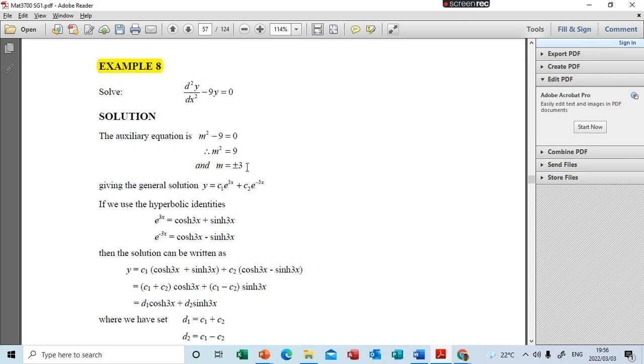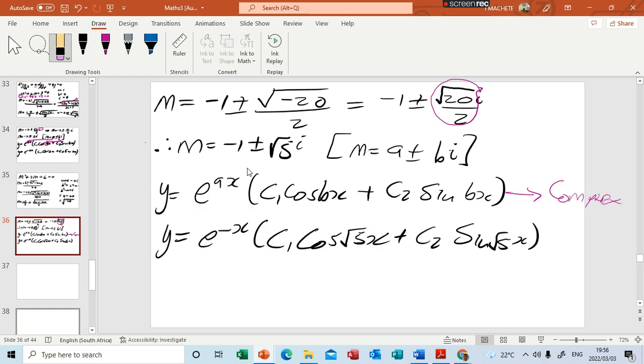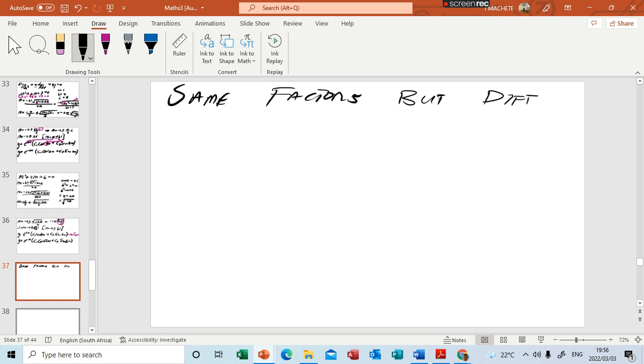Hyperbolic functions is when you have the same factors but different signs. So remember this equation. You have the same factors but different signs.